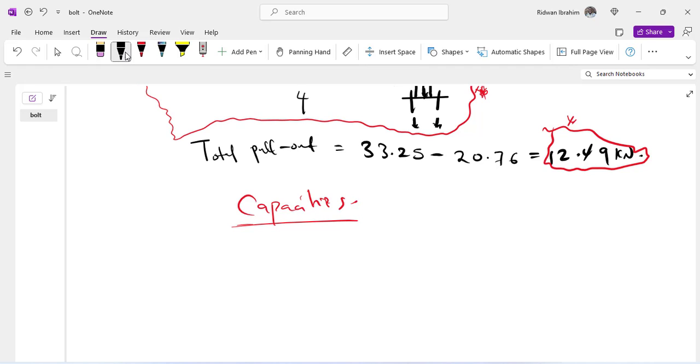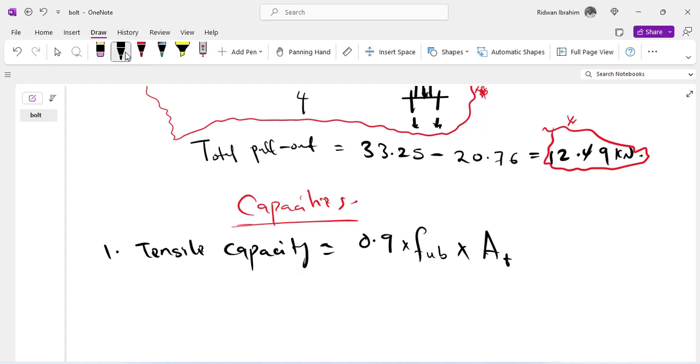So number one, I will calculate my tensile capacity. The formula for tensile capacity is 0.9 multiplied by FUB multiplied by A threaded multiplied by the partial factor of safety.